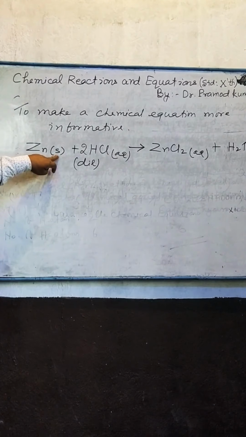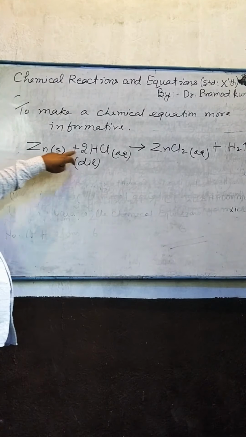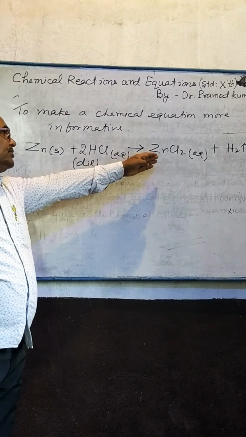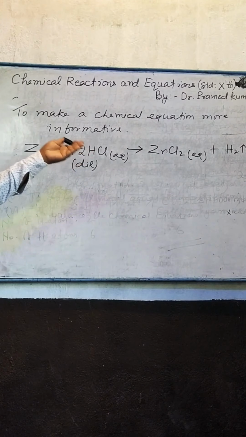So this S represents that Zn exists in solid state. Aqueous means HCl is dilute HCl, mixed with water, and it forms zinc chloride aqueous. Zinc chloride is soluble in water and hydrogen gas is evolved.